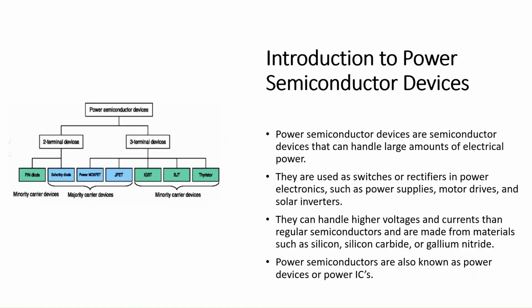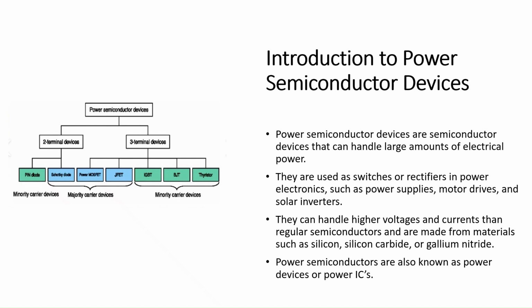Let us start with introduction of power semiconductor devices. These devices are semiconductor devices that can handle large amounts of electrical power. They are used as switches or rectifiers in power electronics, such as power supplies, motor drives, and solar inverters.